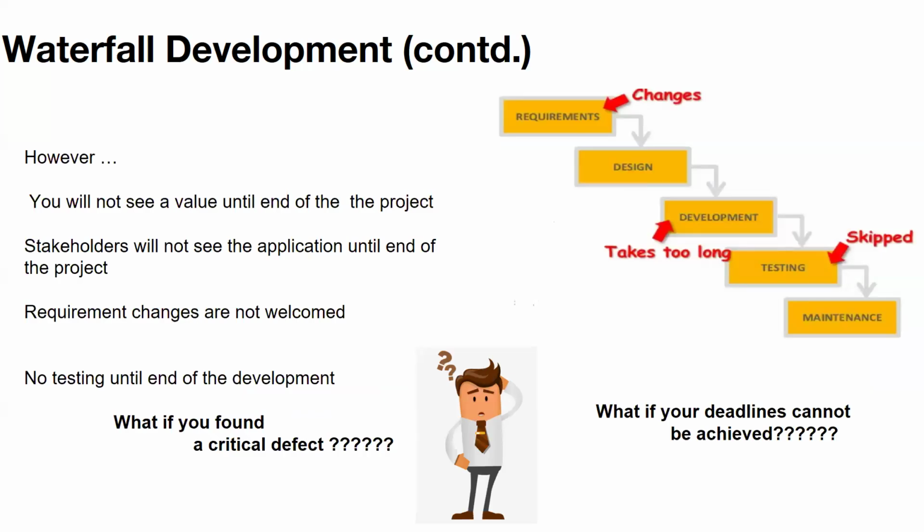Also, we may not see value until the end of the project, right? Let's say this is a large-scale project, taking 2 or 3 years. We started in 2020, but we are going to end it by 2023. Things that were relevant during 2020 might not be relevant in 2023.